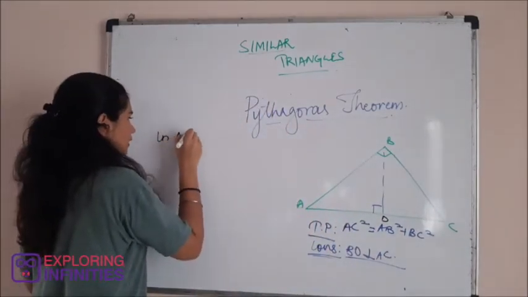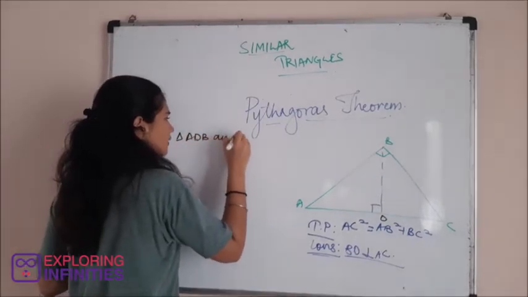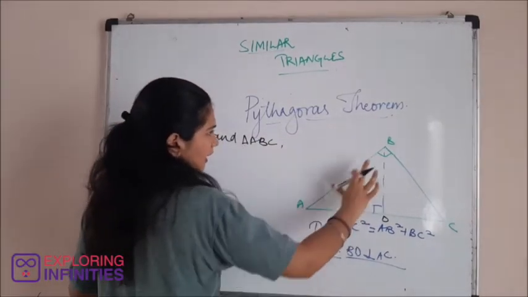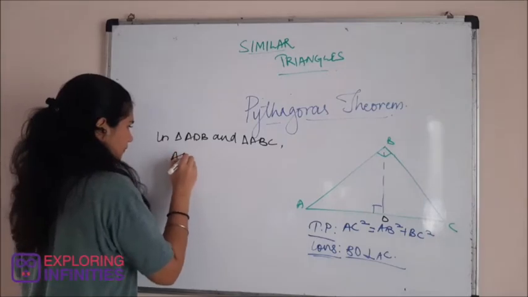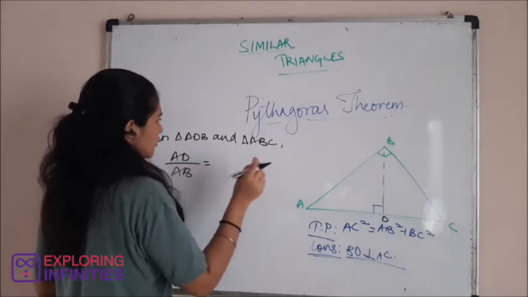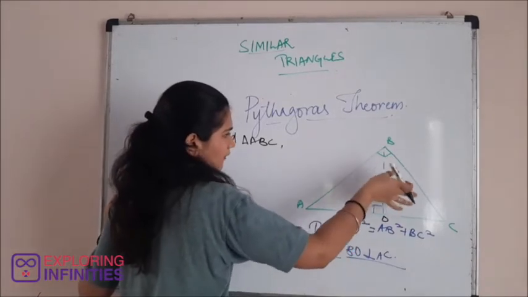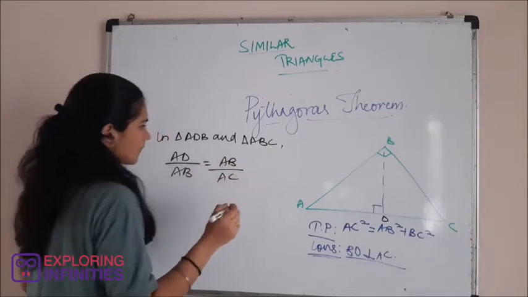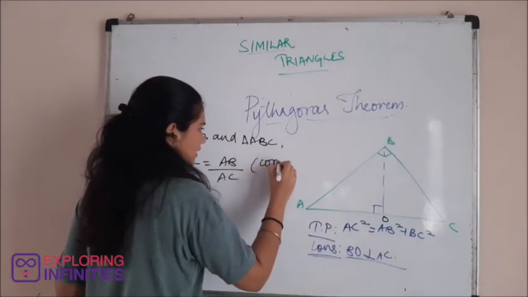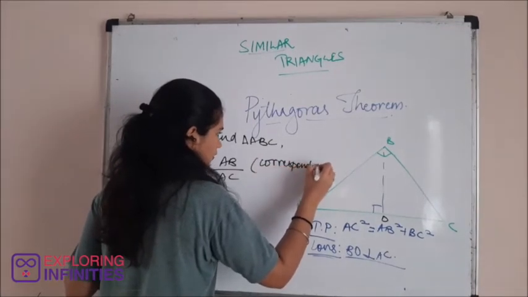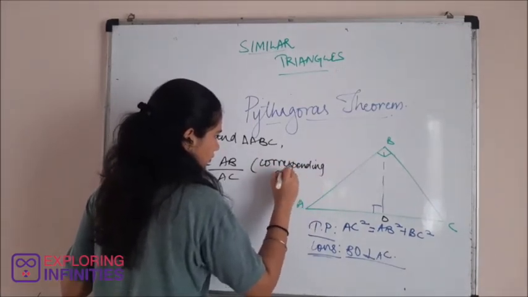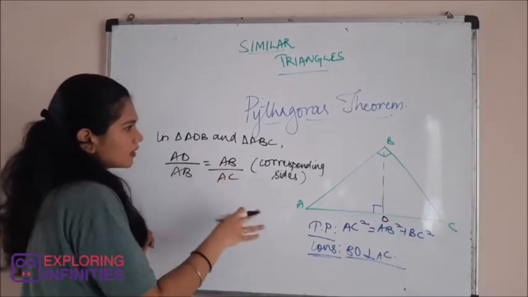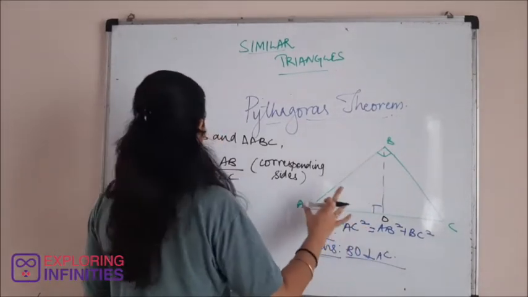So in triangle ADB and triangle ABC, what do you have? AD divided by AB would be equal to AB divided by AC. Corresponding sides.